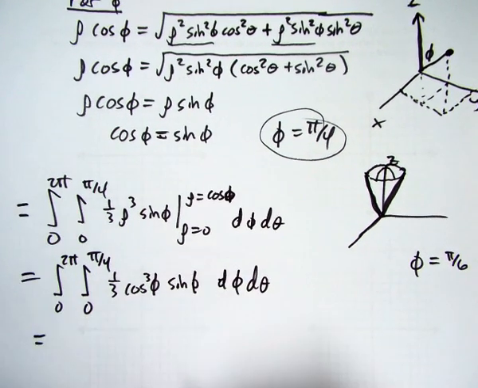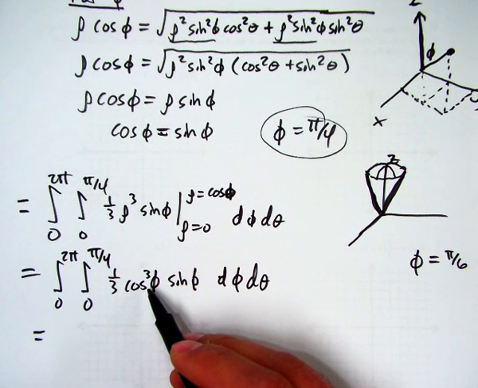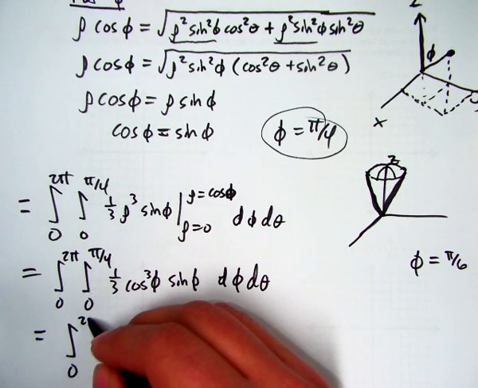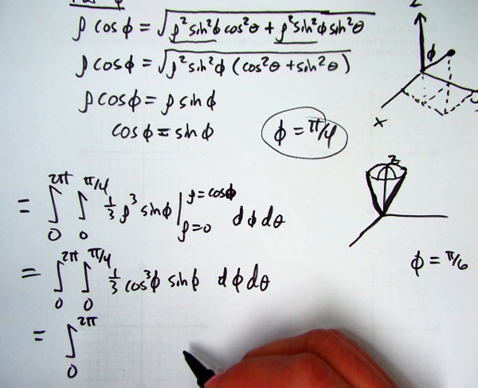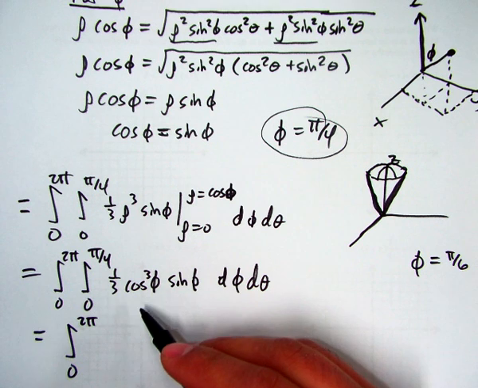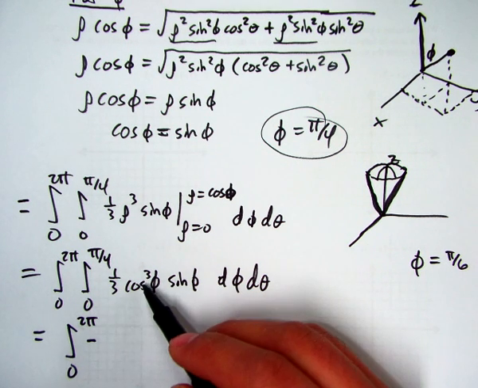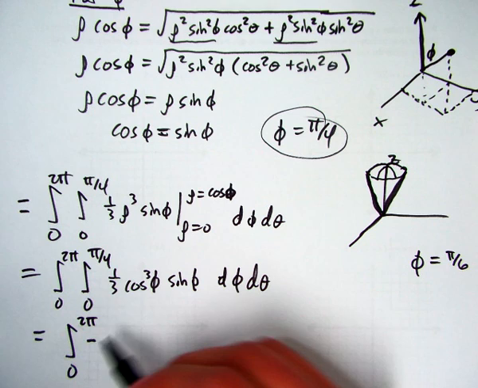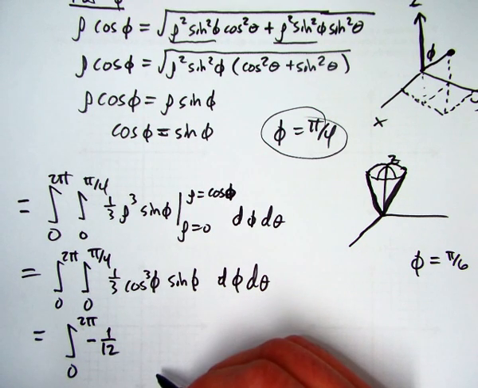Yeah, because now you can do u is cosine phi, right? So that's going to become, let's see, the derivative of cosine is negative sine, so we need a negative. The third power goes to 4, which means we need a 1/4 times the 1/3, so negative 1/12 cosine to the fourth.